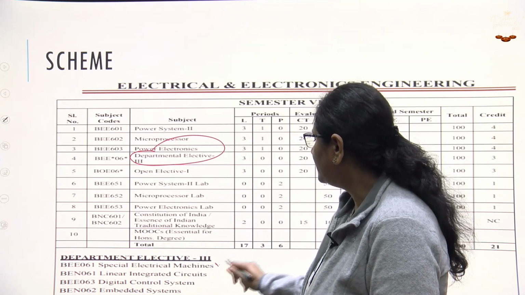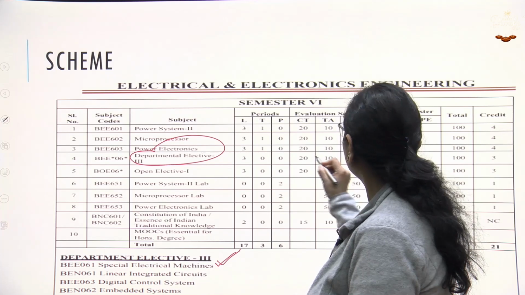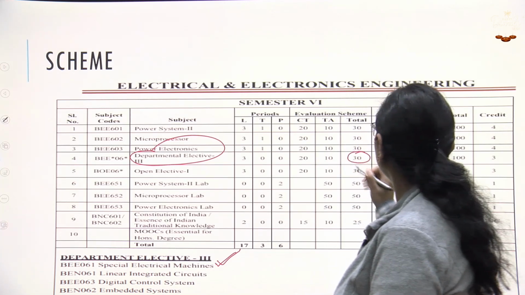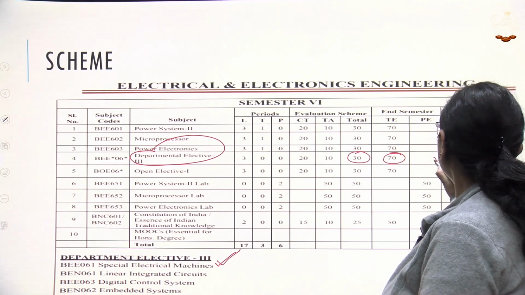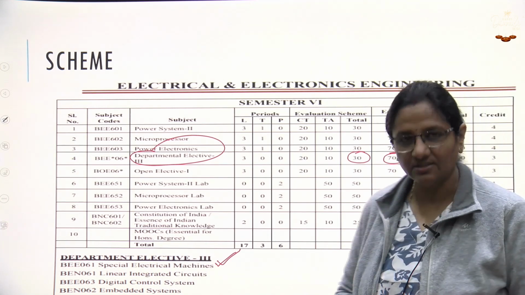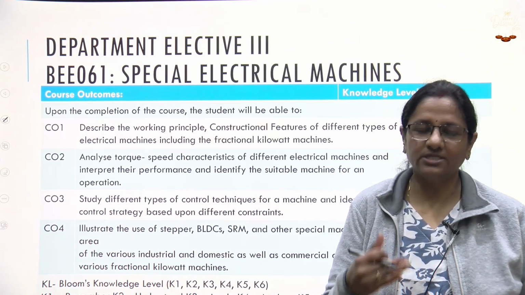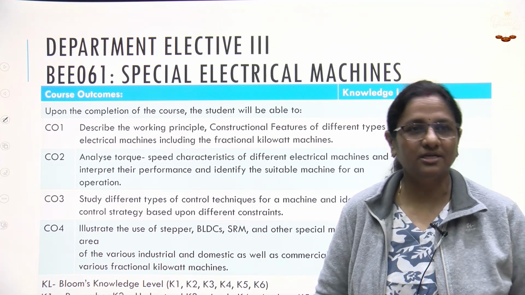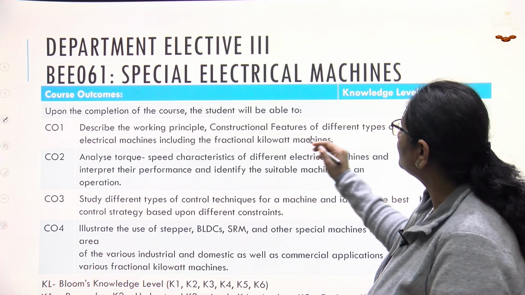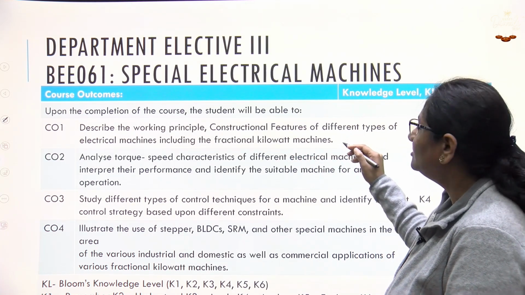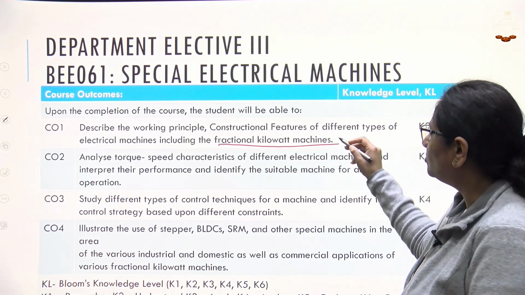So special electrical machines, and the scheme is like this. The evaluation scheme is 30 marks internal and 70 marks external. It is a 3-credit subject. Let me share the course outcomes of studying the subject. The student would be able to describe the working principle and constructional features of different types of electrical machines, including fractional kilowatt applications.